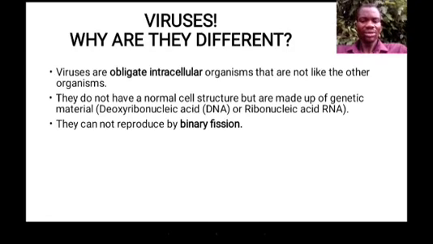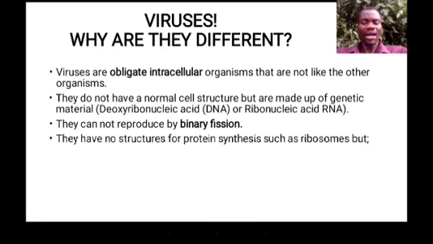Viruses cannot reproduce by binary fission. Binary means two, like I said. Fission means to separate, which means that an organism separates into two, and this is a means of asexual reproduction in organisms. So the viruses cannot reproduce by binary fission.